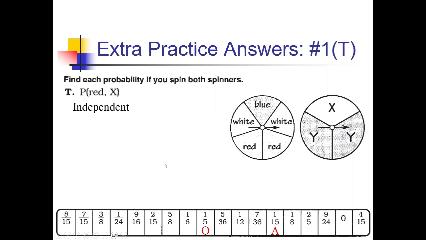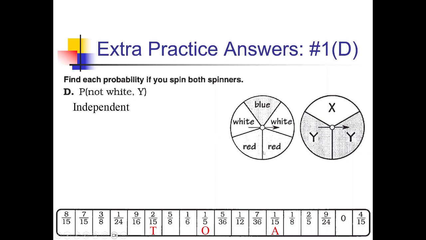Now we want the probability of red and X. Red is a 2 out of 5 chance. X is still 1/3. So this is going to be 2 over 15, which is right there, so that's T. Next up, we want the probability of not white and Y. There's 2 white spaces here.